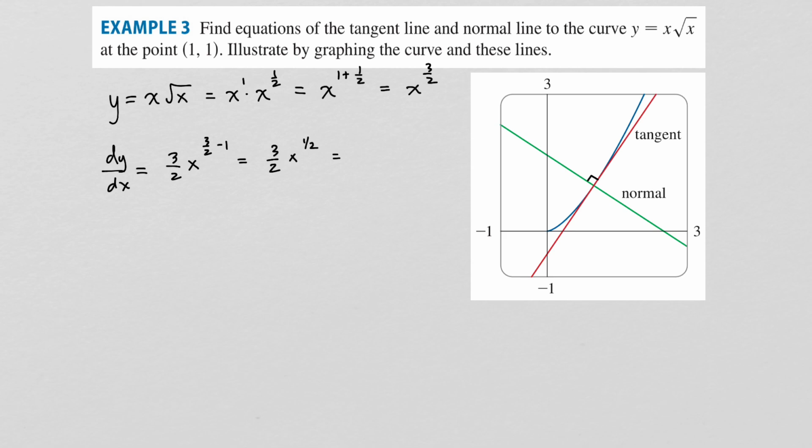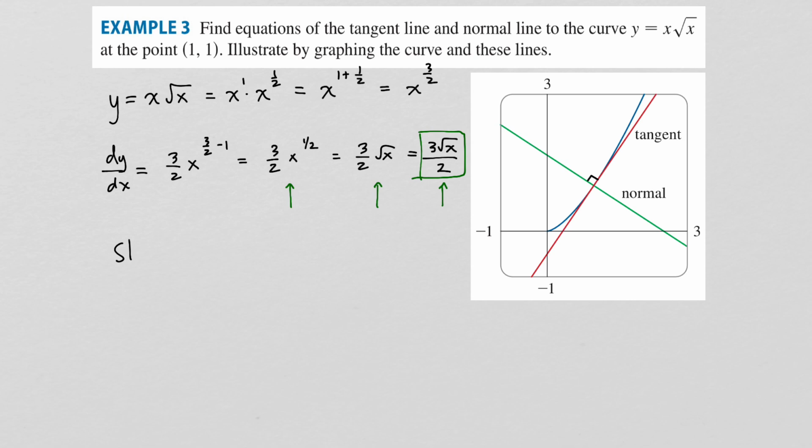Or if you like, you can say it's 3/2 times the square root of x, which is also the same as 3 square root of x divided by 2. Now, just a quick point, all three of these are acceptable forms of the derivative, but this last one is perhaps the most useful when it comes to actually computing the slope of a tangent line.